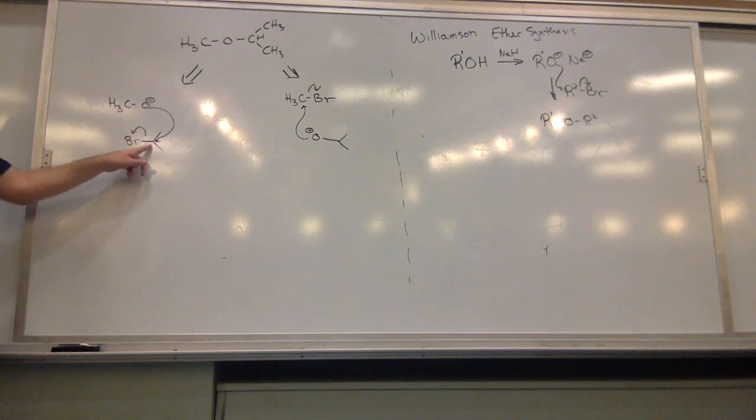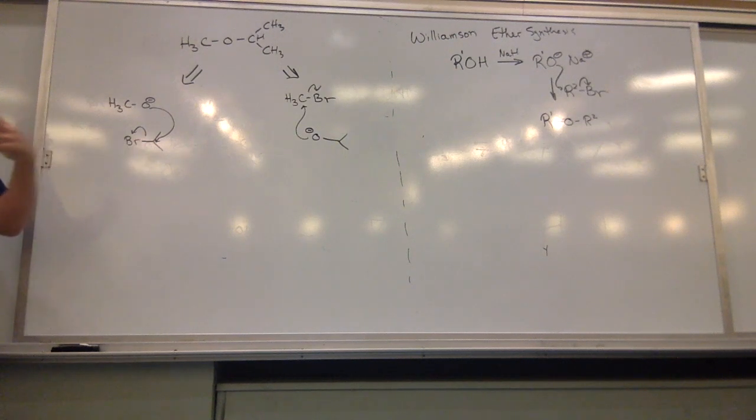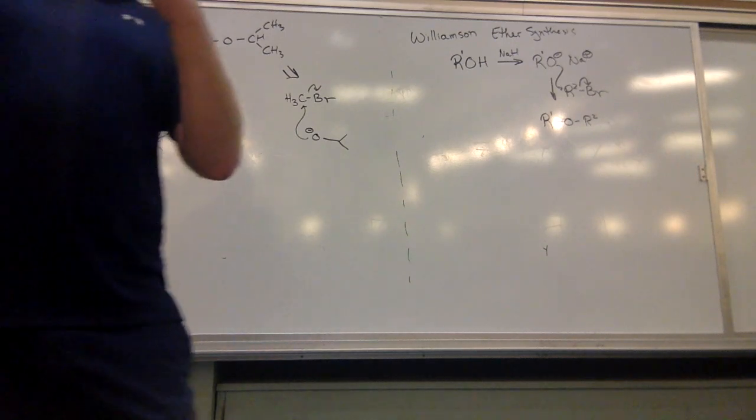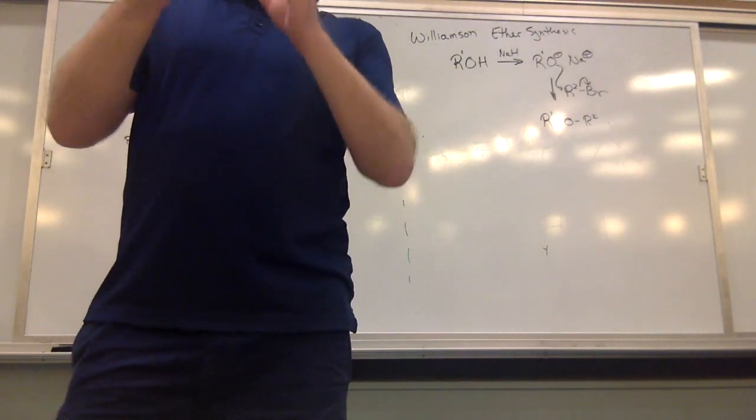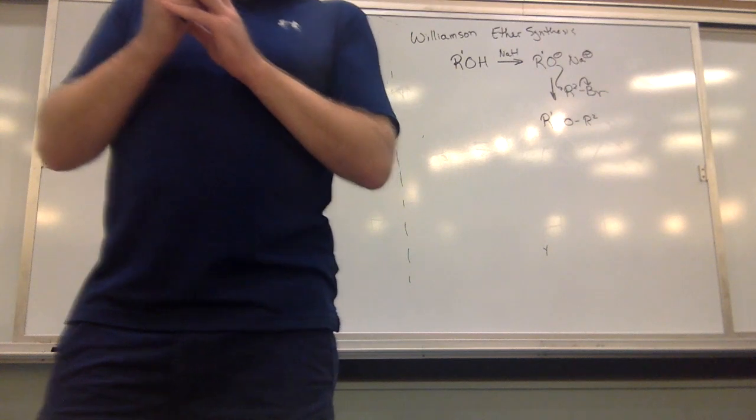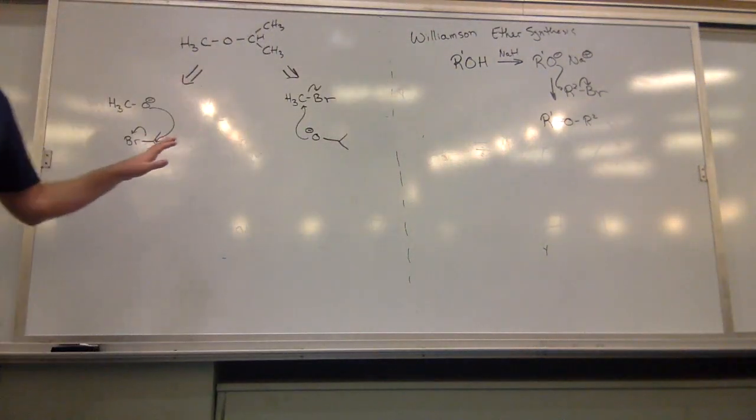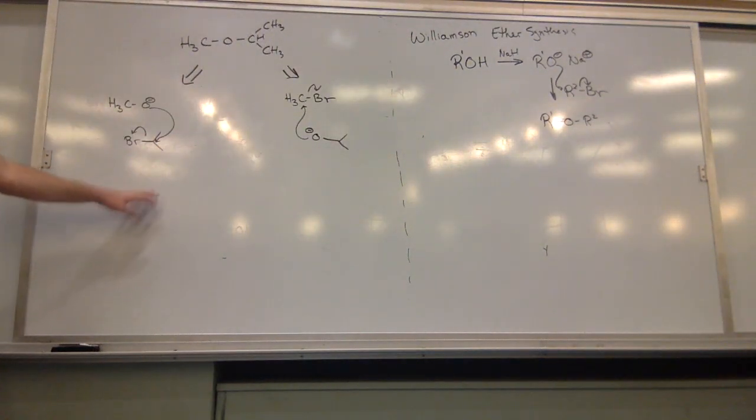It could be that maybe this is better electronically. That's more invoking an SN1 type argument, though. I guess you're saying the buildup of positive charge. Isn't it easier to attack a primary carbon instead of secondary?